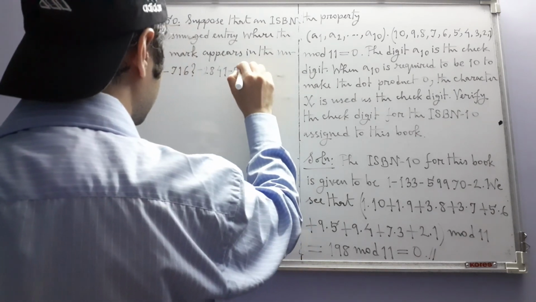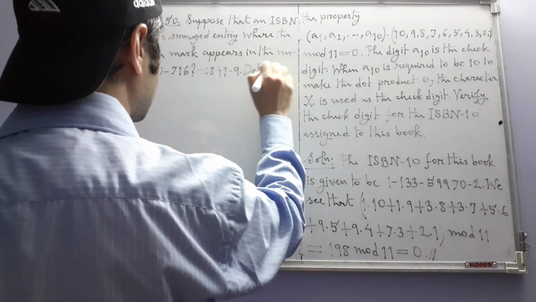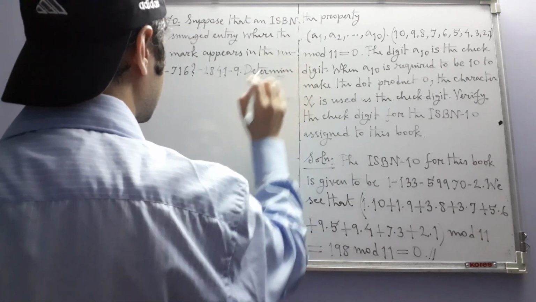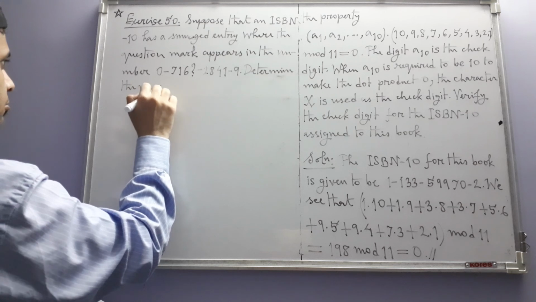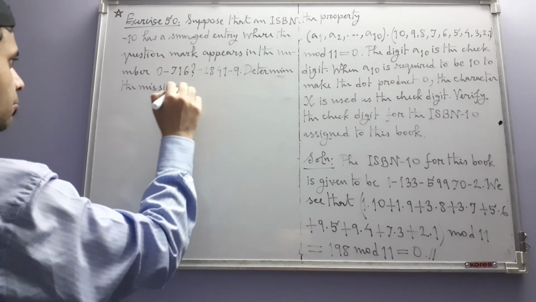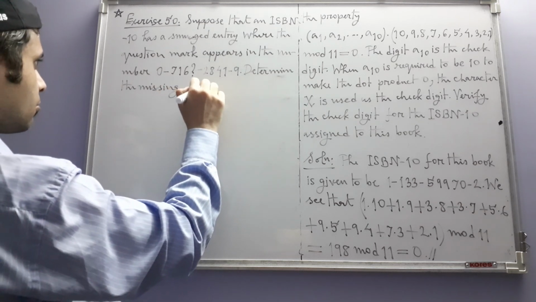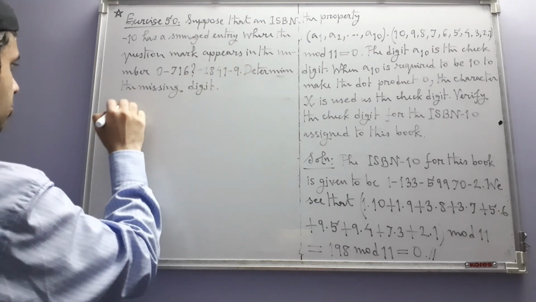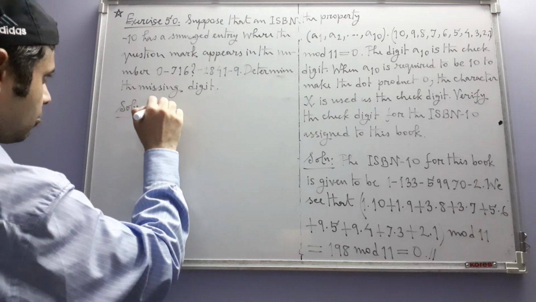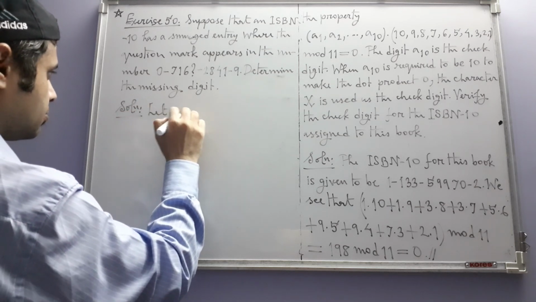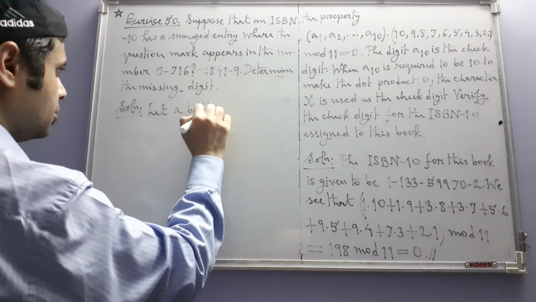Determine the missing digit. Let A be the missing digit.